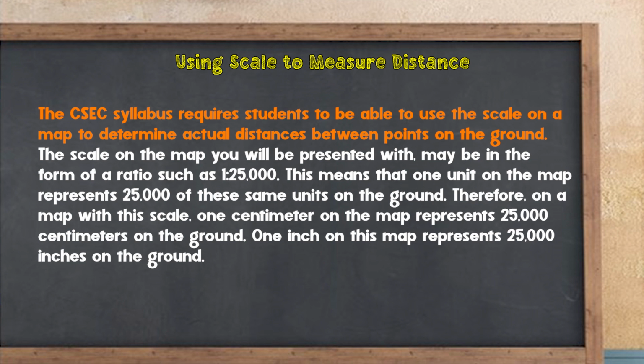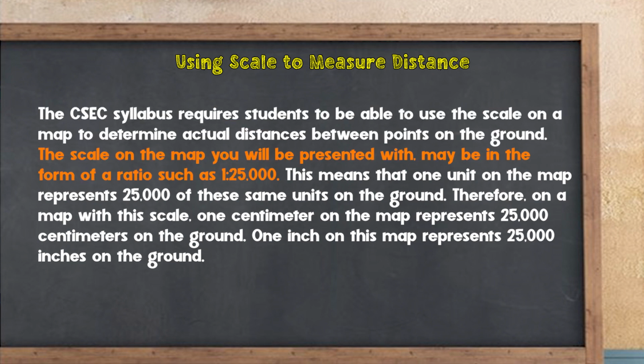Using scale to measure distance. Now, the CSEC syllabus requires students to be able to use the scale on a map to determine actual distances between points on the ground. The scale on the map you will be presented with may be in the form of a ratio such as 1 to 25,000.